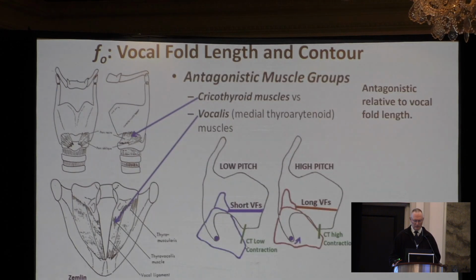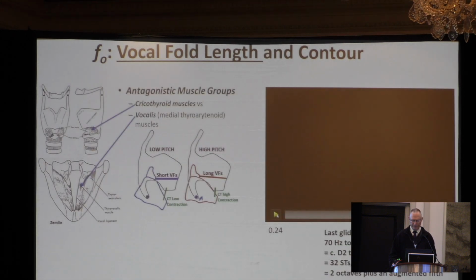So when the cricothyroid muscle, in this little green line here, is relaxed, the distance between the front of the cricoid and the thyroid here is the greatest, and the vocal folds are shortest. And then when you contract the cricothyroid, it shortens itself, pulls the cricoid up toward the thyroid, rotates this arytenoid cartilage back, and elongates the vocal fold.